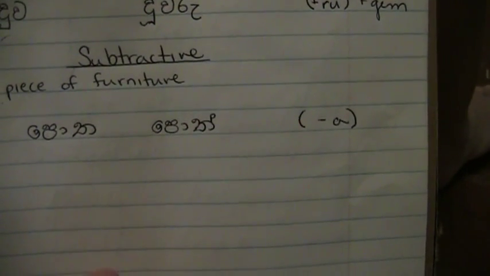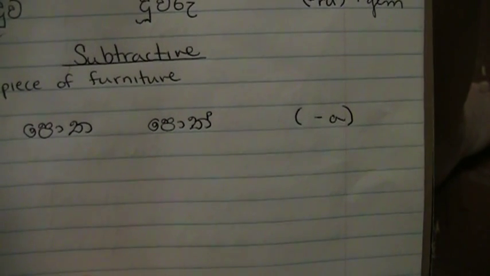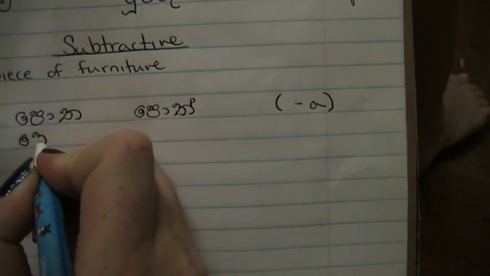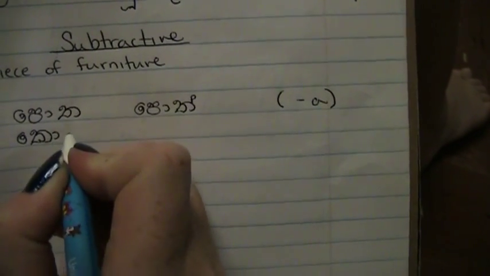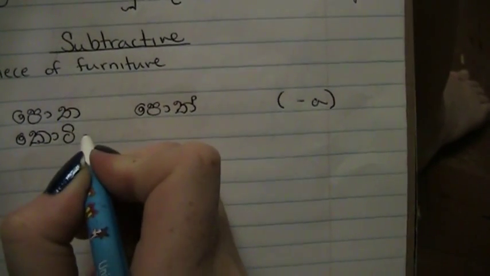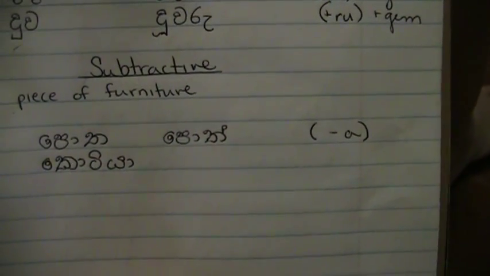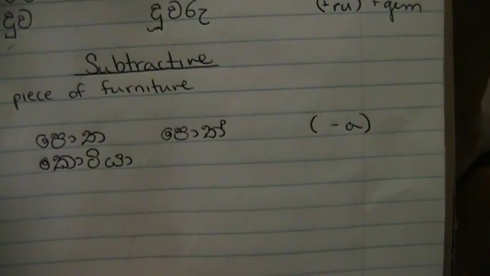So an example of an animate noun would be the word for tiger, which is kotiya.